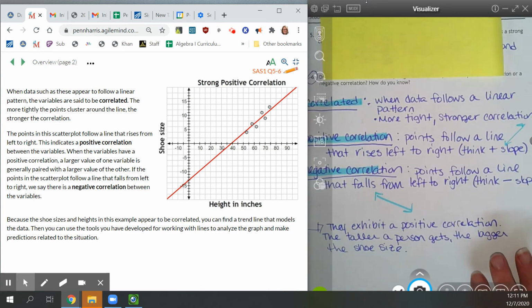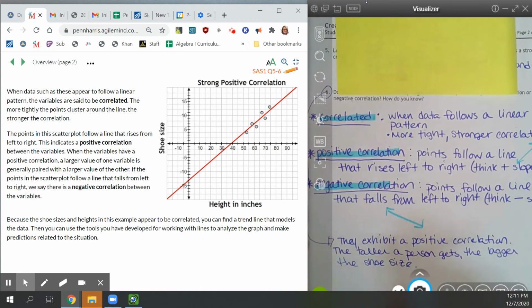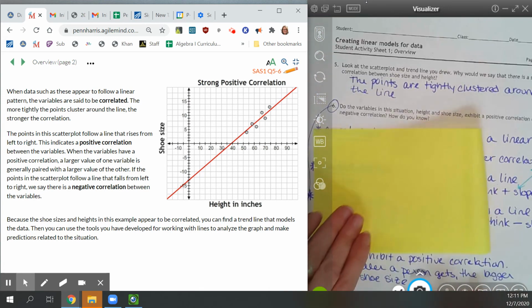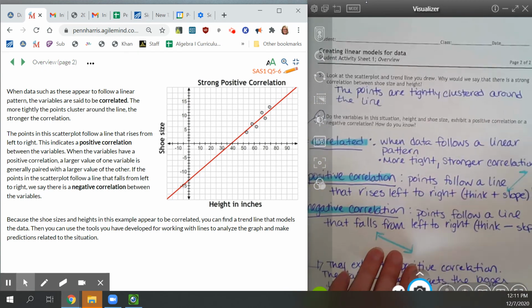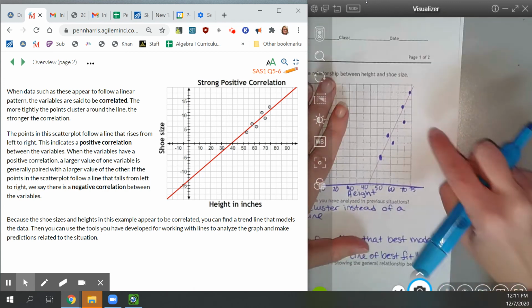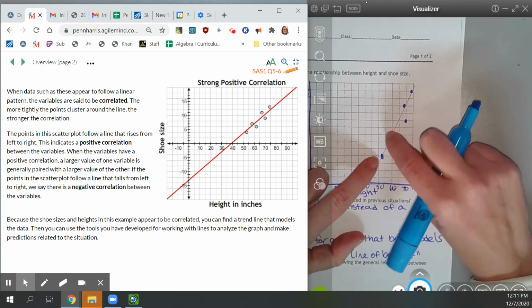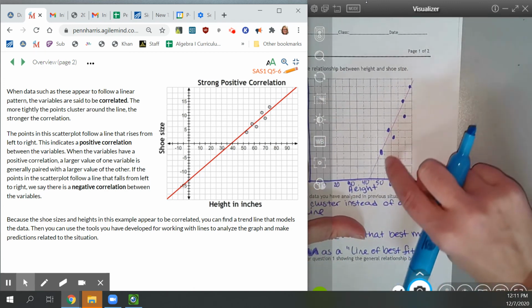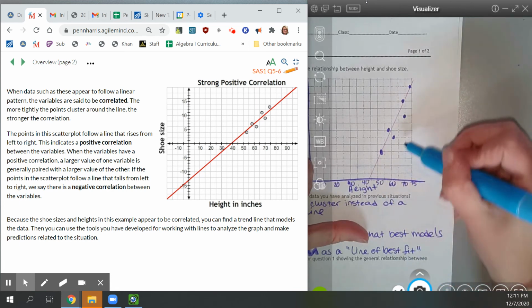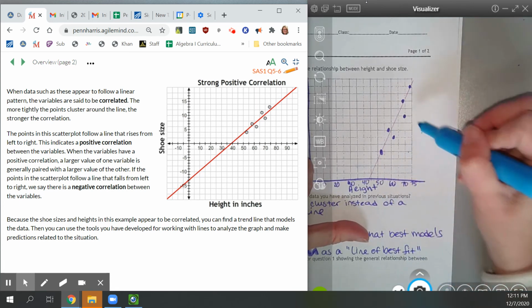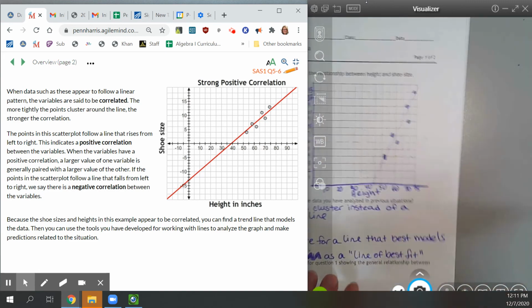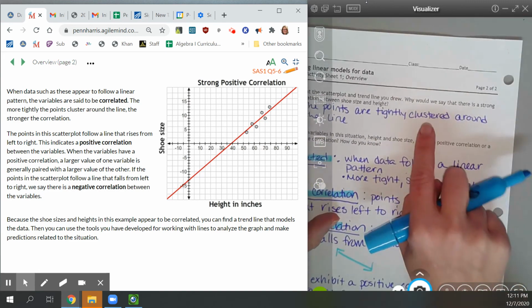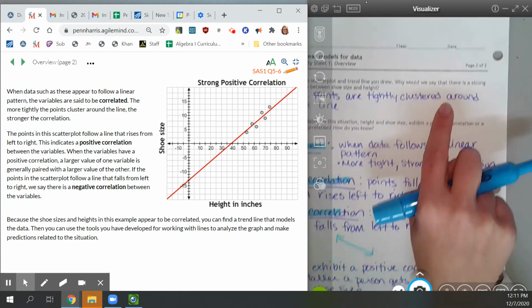Going back up here, let's go back to this question. Look at the points and see what kind of correlation we can see. When I look at these, I think that these points are pretty tightly correlated around this line. There's not points way out here or here. They're nice and close. So we would call this tightly correlated or tightly clustered around the line.